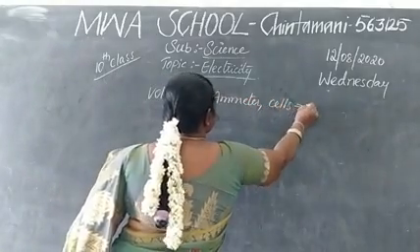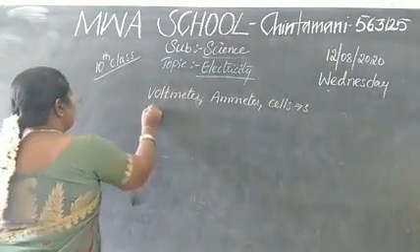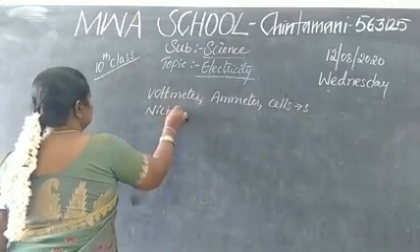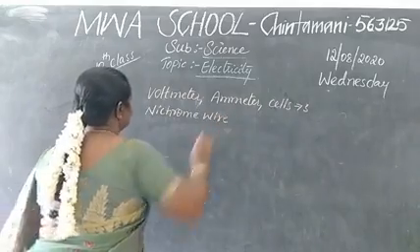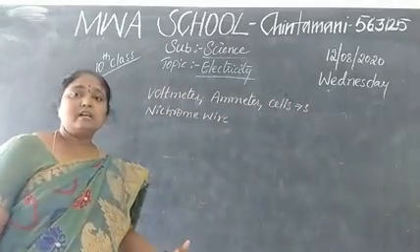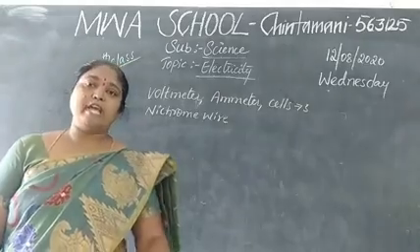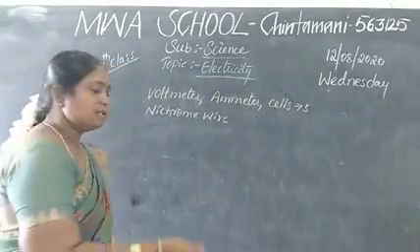How many cells? We are going to take 3 cells and a nichrome wire. Voltmeter, ammeter, 3 cells and nichrome wire we have to take.